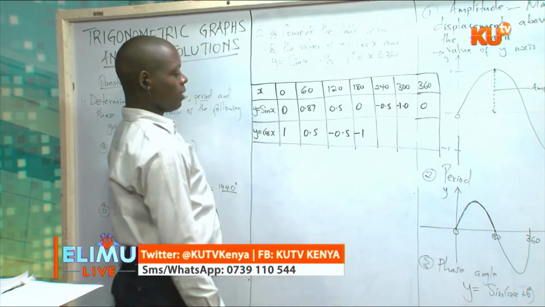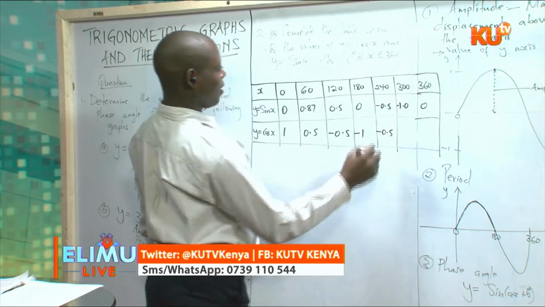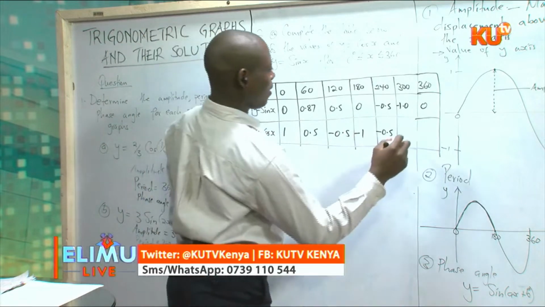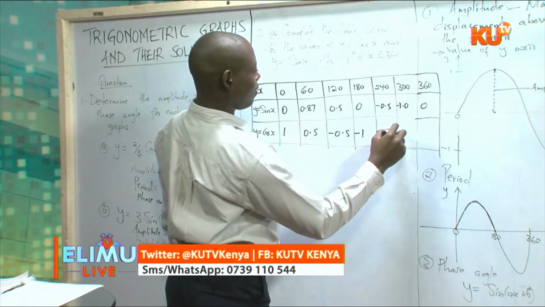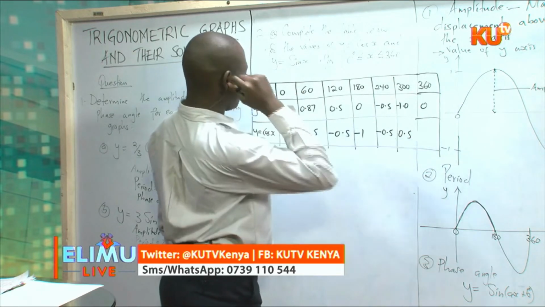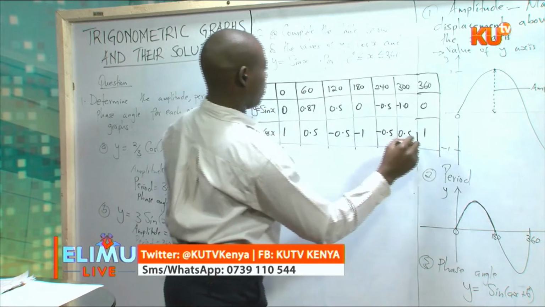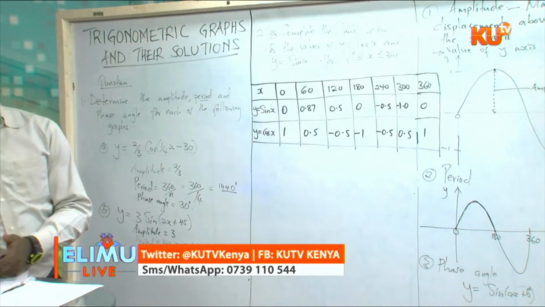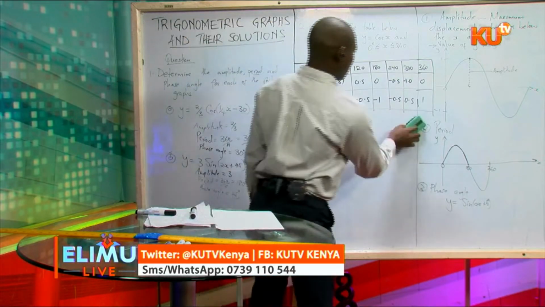Cos 240, negative 0.5. Cos 300, 0.5, and then cos 360, 1. Good, thank you. So those are the values of sine and cos of x in our question 1.